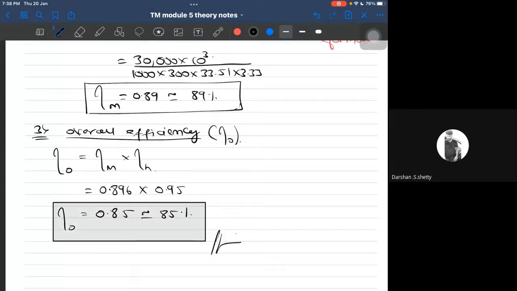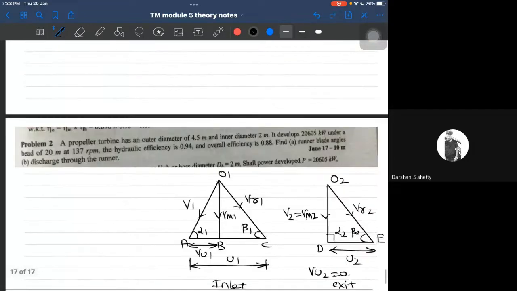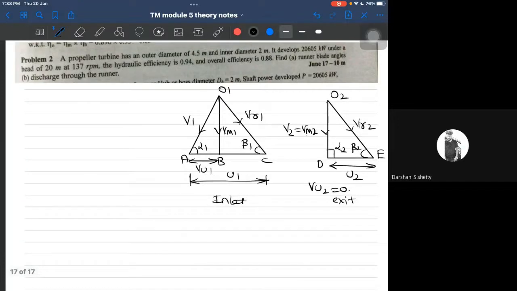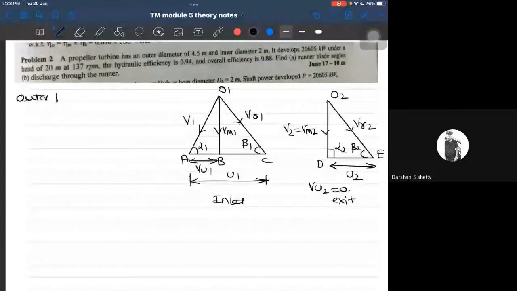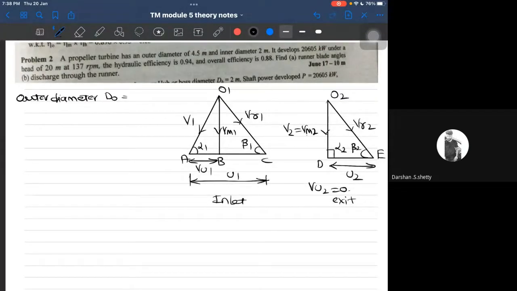I'll try one more problem on Francis turbine and stop the class. The next immediate problem is this one. A propeller turbine has an outer diameter of 4.5 meters and an inner diameter of 2 meters. Outer diameter, I told you, is nothing but D naught, which is equal to 4.5 meters.